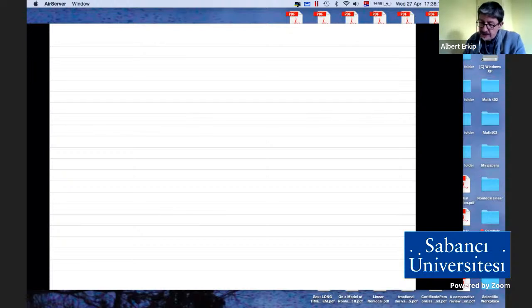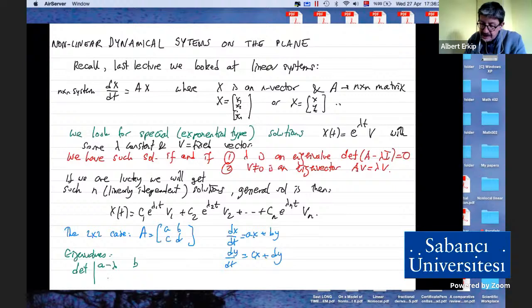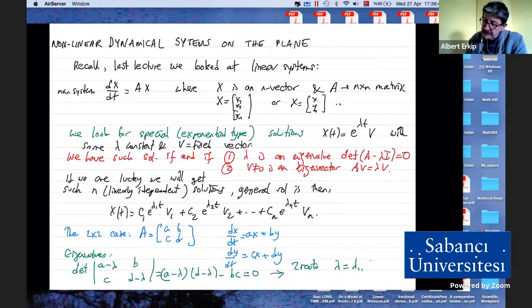Now, eigenvalues satisfy determinant of A minus lambda I, which is the determinant of the matrix with entries a minus lambda, b, c, d minus lambda, which is (a minus lambda) times (d minus lambda) minus bc equals 0. So you have two roots in general. So lambda is lambda 1, lambda 2, and then you determine v1, v2, the eigenvectors, so to speak.